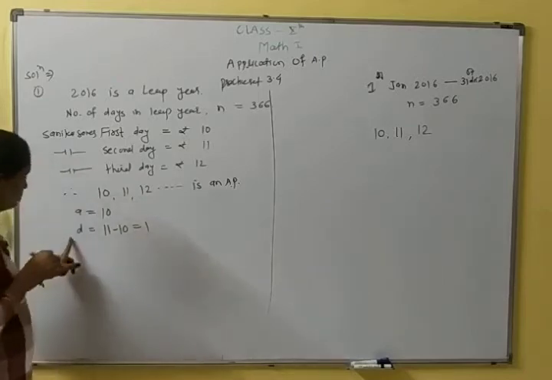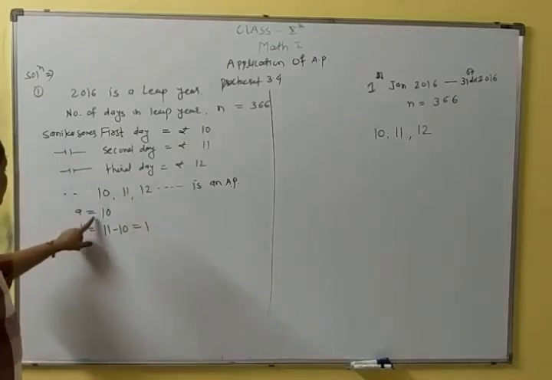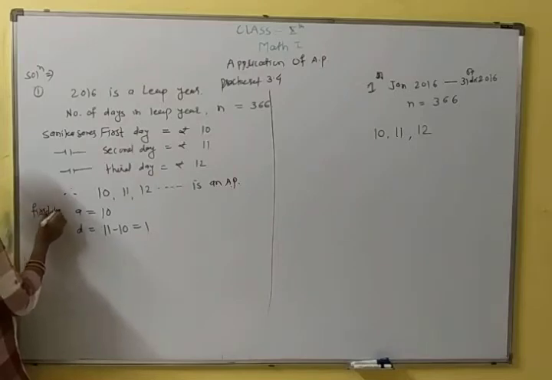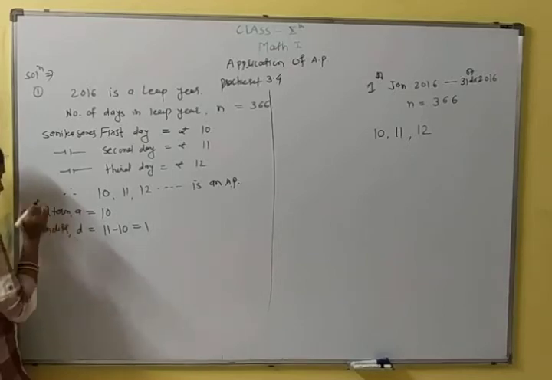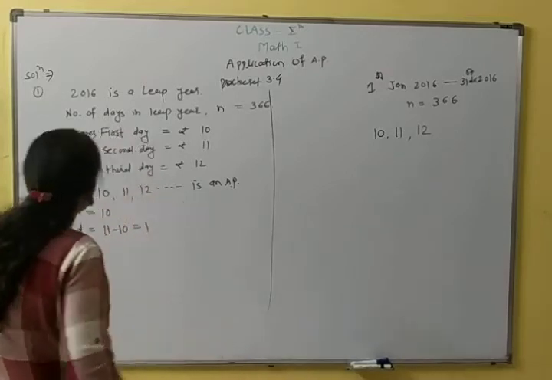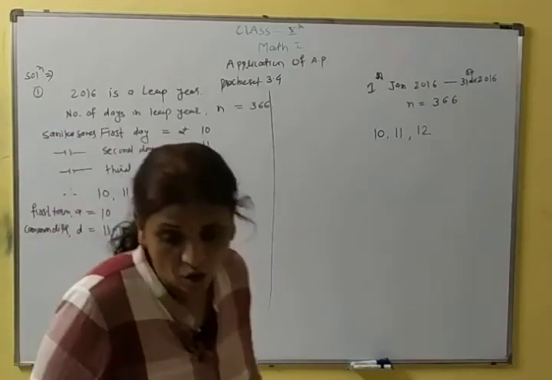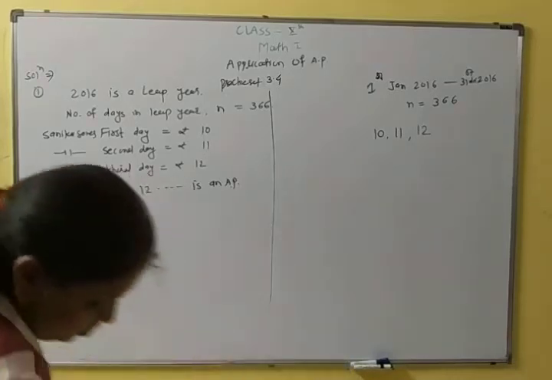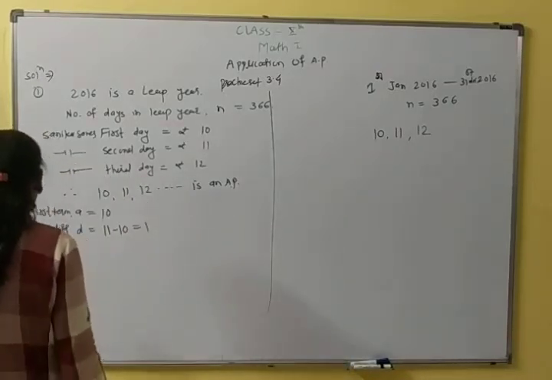So the first term is 10, and the common difference d equals 11 minus 10 equals 1. Then the question is, what would be her total savings?